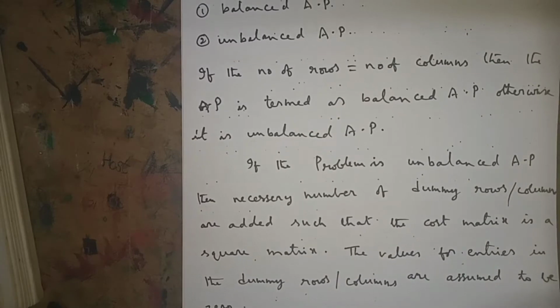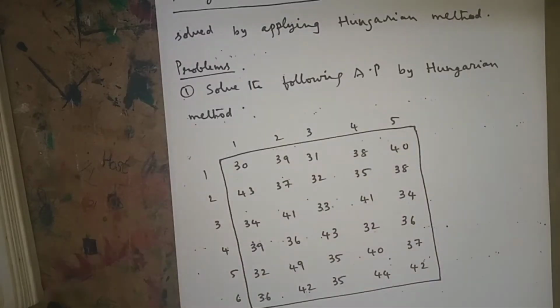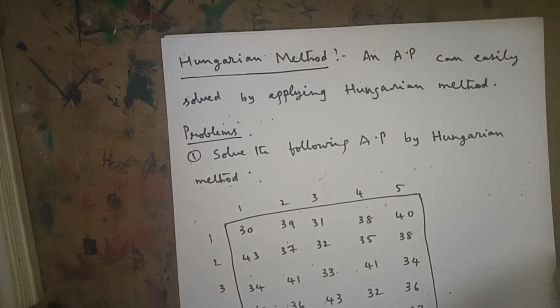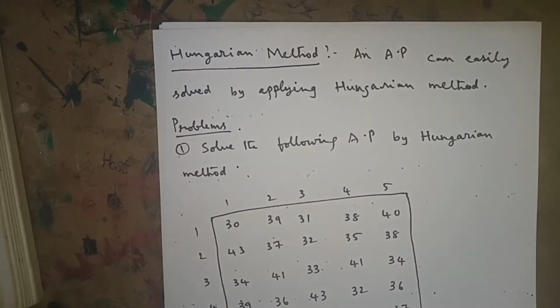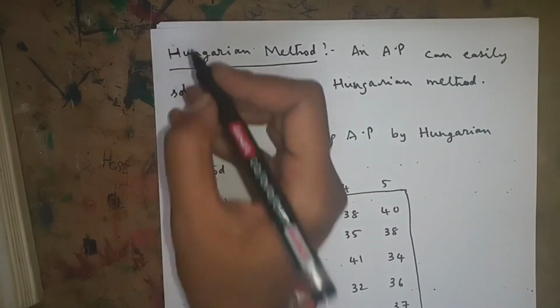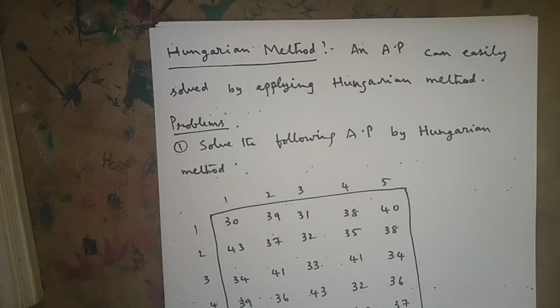Now, how to solve the assignment problem? To solve the assignment problem, we have only one method called the Hungarian method. An assignment problem can be easily solved by applying the Hungarian method.